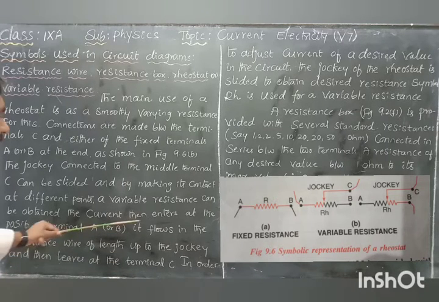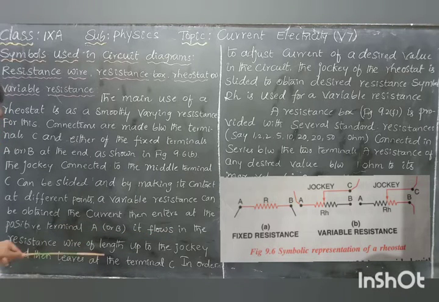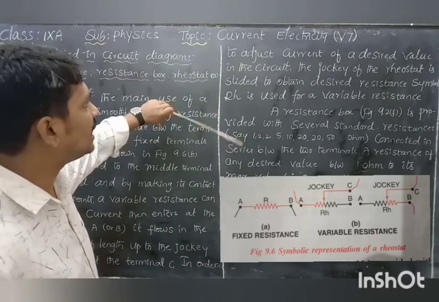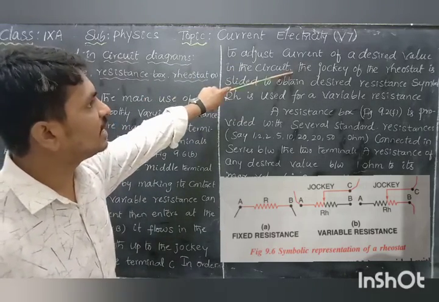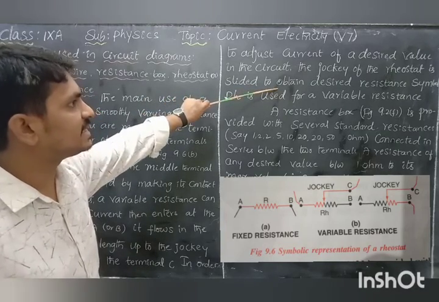The current then enters at the positive terminal A or B. It flows through the resistance of the wire of length up to the jockey and then leaves at the terminal C. In order to adjust the current to a desired value in the circuit, the jockey of the rheostat is slid to obtain the desired resistance.